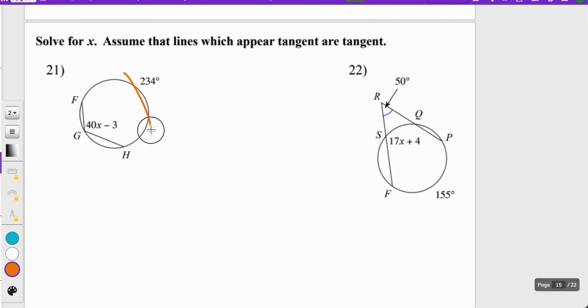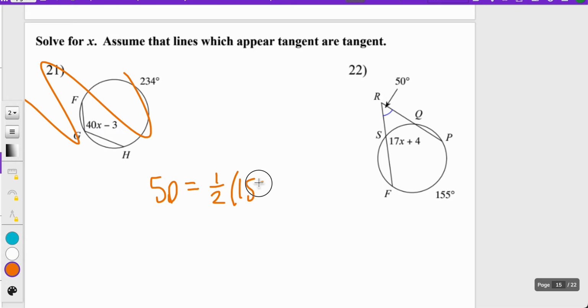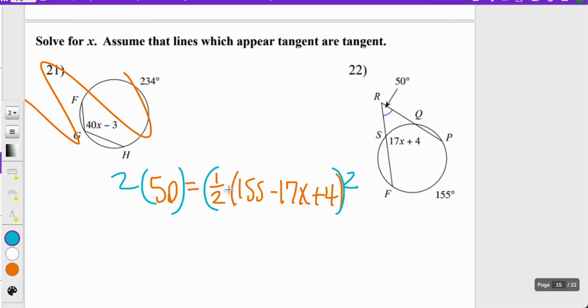For number 22, again starting with that 50, that's going to be equal to 1/2 of your major arc, 155, minus your minor, 17x plus 4. For this one I got a decimal, so we're just going to round it to the nearest whole number. So I'm going to start off by multiplying by 2 on both sides to get rid of that 1/2.